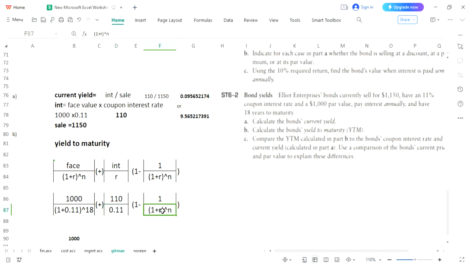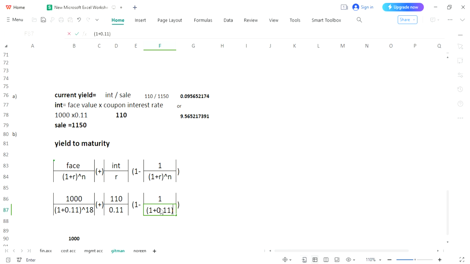Now here you will change 1 plus 0.11 raised to power, you will put raised to power over here, and these were 18 years. So this is what we have done over here. A little more space is needed.